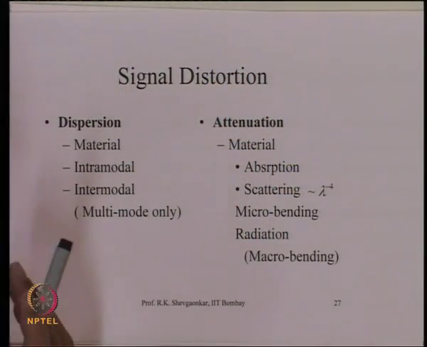This phenomenon is same as the dispersion phenomenon which you see in the prisms and lenses and so on. When we go to intramodal dispersion, then we assume that the material dispersion is practically small. So, we assume that now the refractive index is not varying as a function of wavelength, and only because of the modal nature of light, we have a difference in velocities, and because of that we have a pulse broadening.